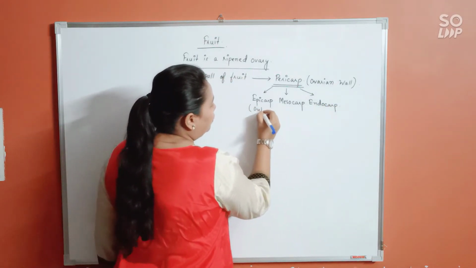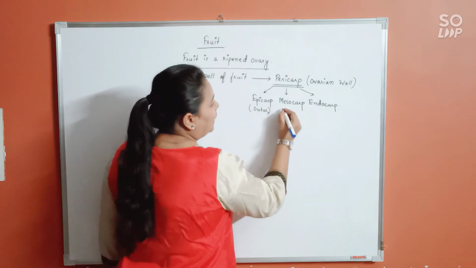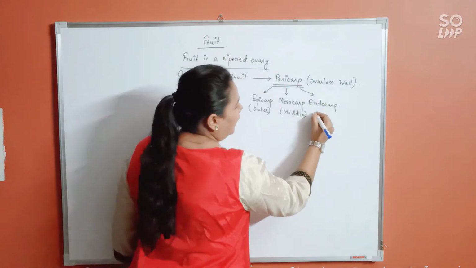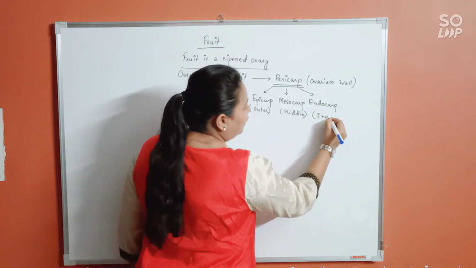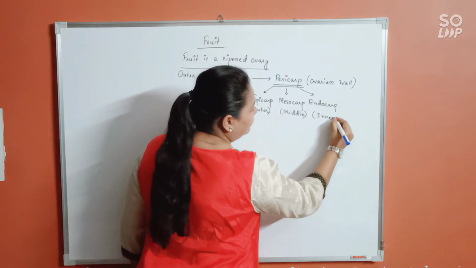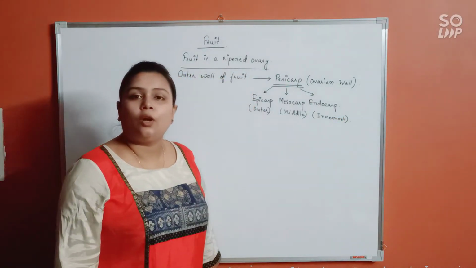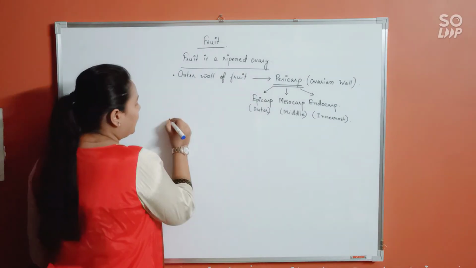Epicarp is the outermost layer, mesocarp is the middle layer and endocarp is the innermost layer. Innermost layer. Alright?